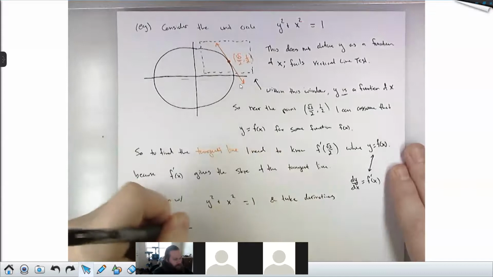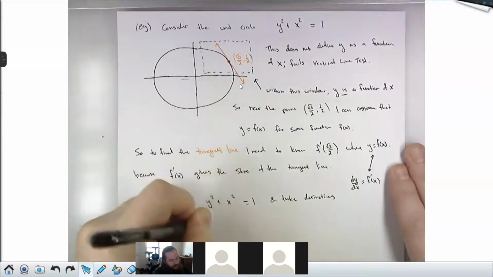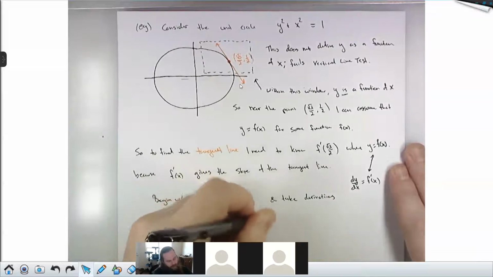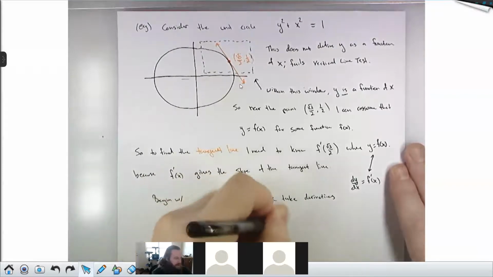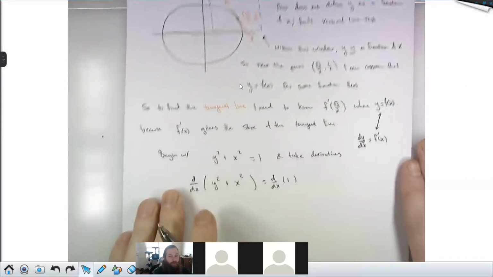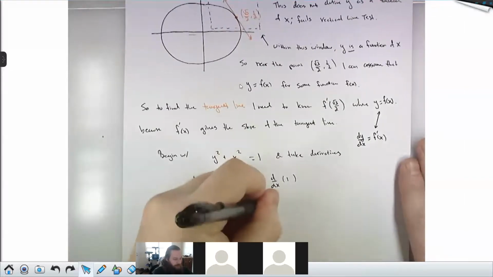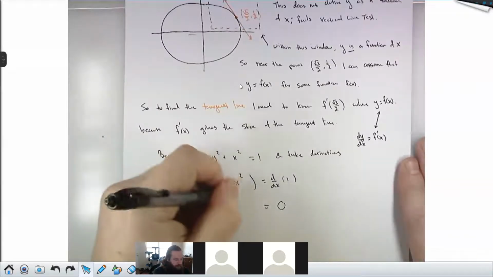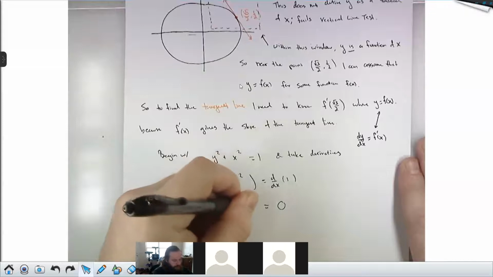That means I'm going to apply the operator d dx to both sides. The derivative d dx of 1 is 0. The derivative d dx of x squared is 2x.